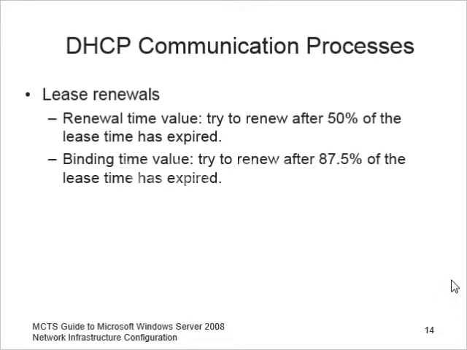If the lease reacquisition fails at T1, the DHCP client attempts a further lease renewal at 87.5% of the lease time, which is known as T2. Like T1, T2 is specified in the DHCP ACK message. If the lease is not reacquired before it expires, the client immediately releases the IP address as soon as the lease expires and attempts to acquire a new lease.